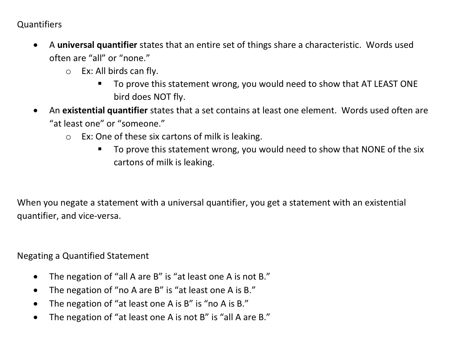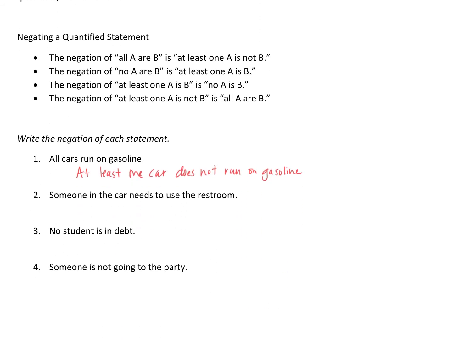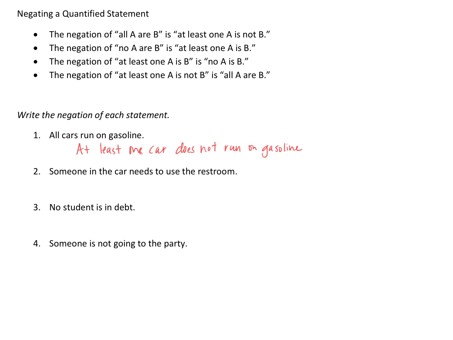Existential is there's at least one. So if you tell me none are, I'm going to say at least one is. So this would be at least one student is in debt.